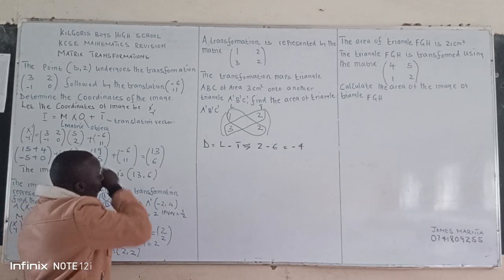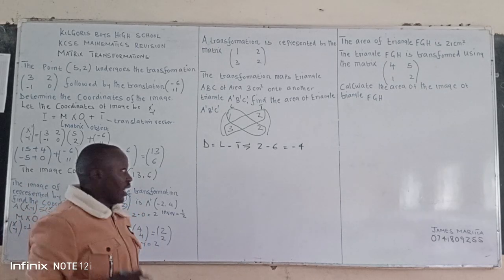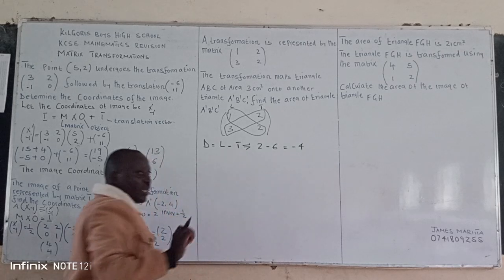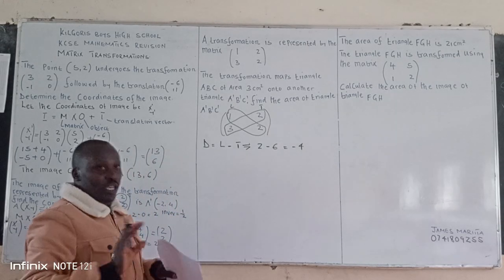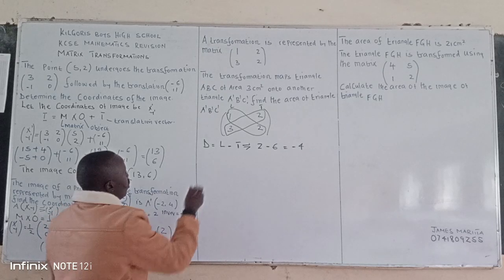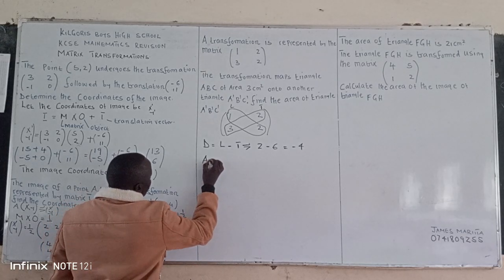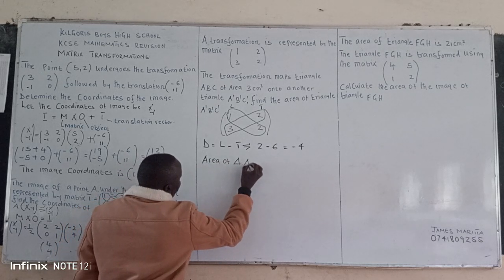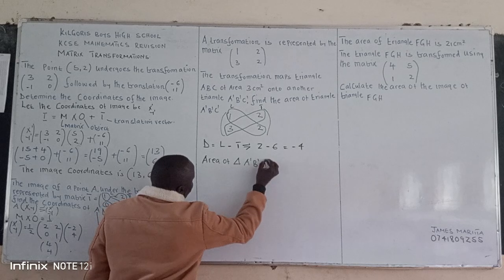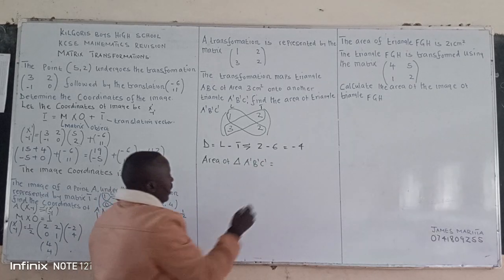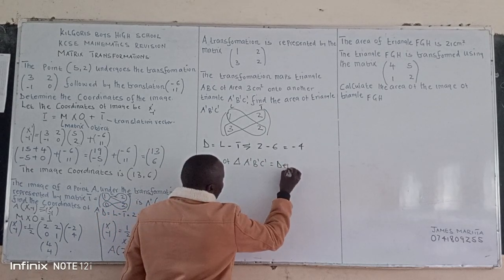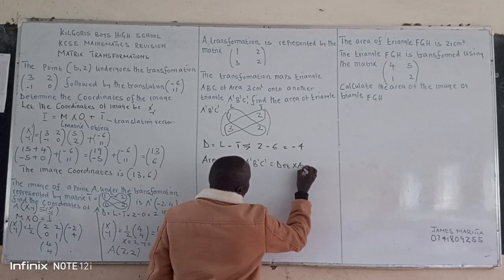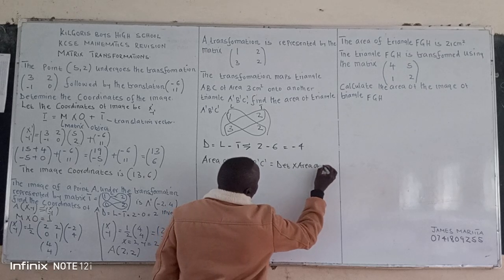So the area of the image of this triangle is just the determinant multiplied by the area of the object. So the area of triangle A image, B image, C image is the determinant multiplied by the area of the object.